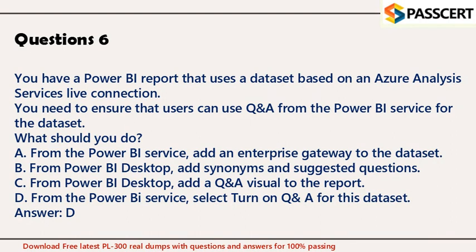B. From Power BI Desktop, add synonyms and suggested questions. C. From Power BI Desktop, add a Q&A visual to the report. D. From the Power BI service, select Turn on Q&A for this dataset. Answer: D.